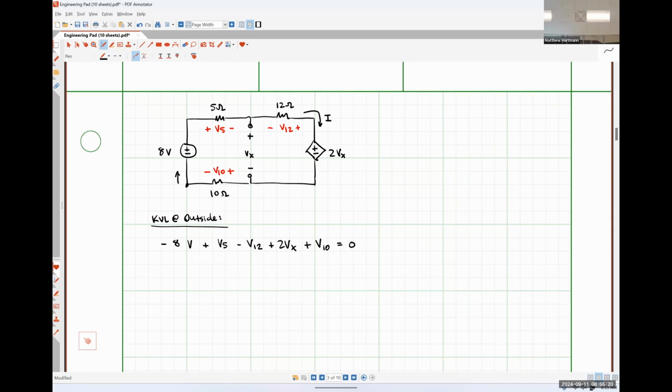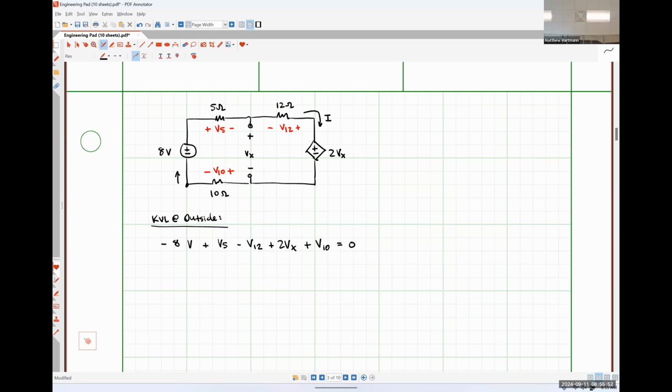So as it stands at this exact moment, we have one equation with 1, 2, 3, 4 unknowns. So we've got some work to do. Okay. So let's start by applying Ohm's law to get rid of some of those resistor voltage drops and put them in terms of that current I that is common to every element in this circuit, because there's nowhere else for that current I to go.